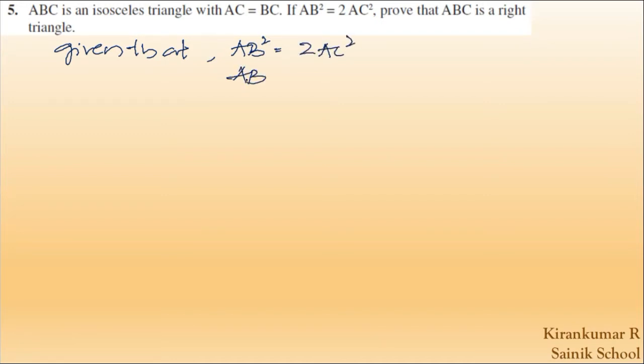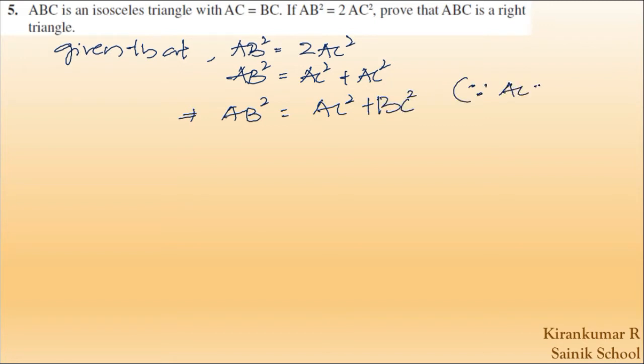Let's go back to the previous step. AC square plus AC square. Now AB square will be equal to AC square plus, instead of AC square I'll write BC square, because AC is given equal to BC.